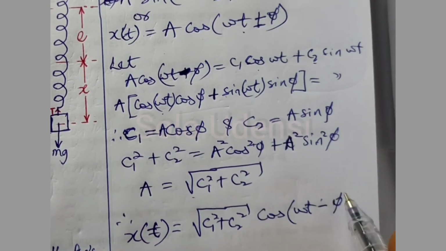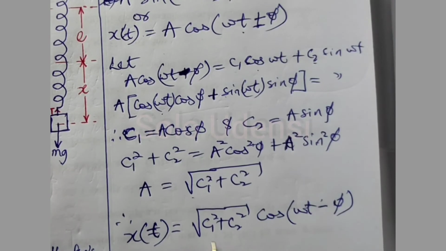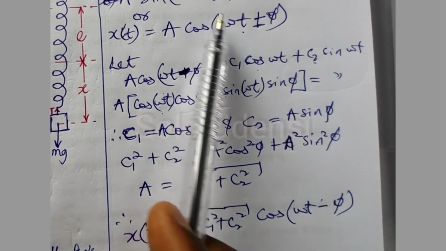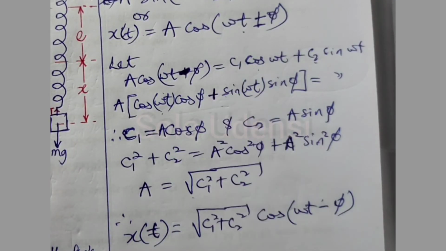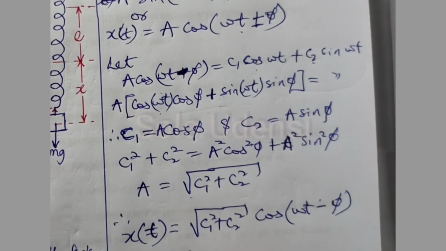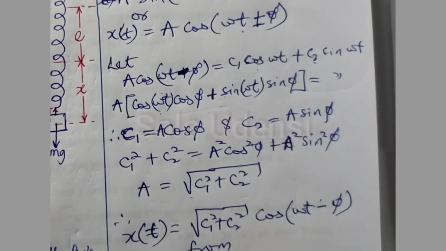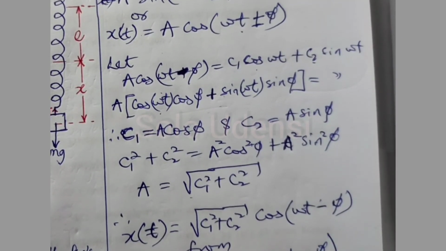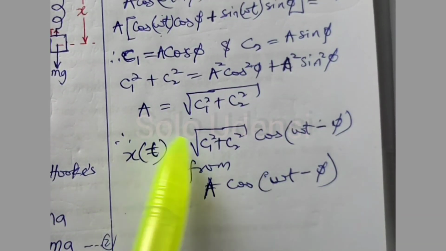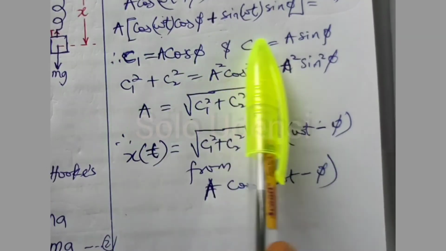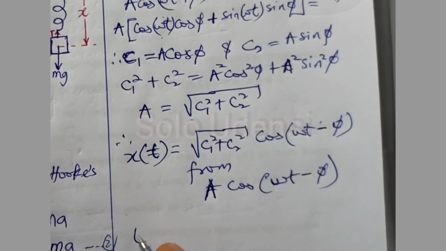So phi. You see that we have replaced these constants here and made them to be one single one of these, and we got this from a cos omega t minus phi. From what we have gotten here in a cos phi and a sine phi, you see that you can get tan phi.